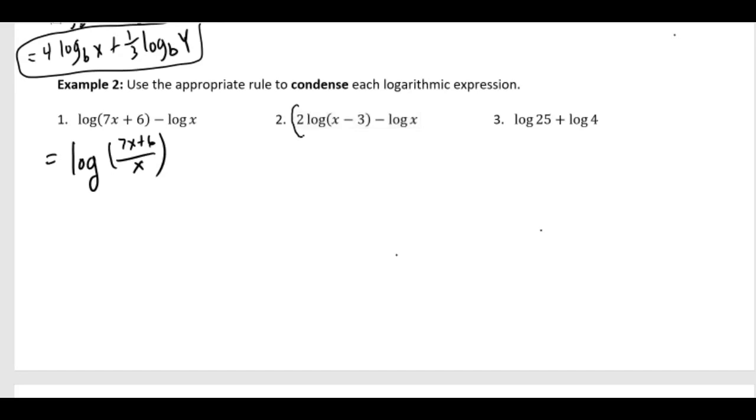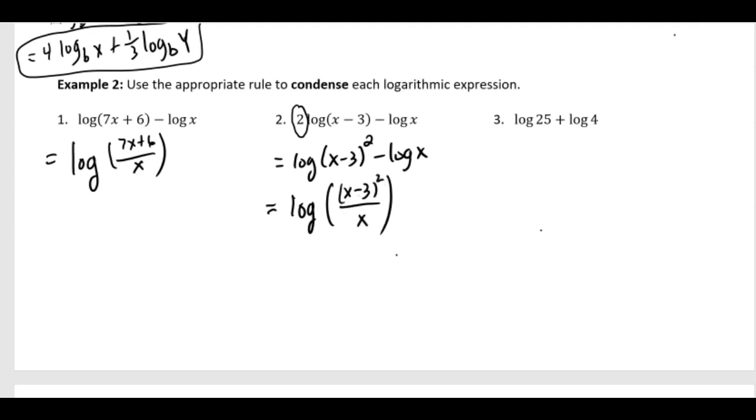Now here, since I have a number in the front, we can take that to be an exponent, so I'm going to move it back as an exponent, and then we're subtracting, so I'm going to combine this using the quotient rule into division. And then this last one here, since we're adding, this would be 25 times 4, which is log of 100. And we know that log of 100 is equal to 2.